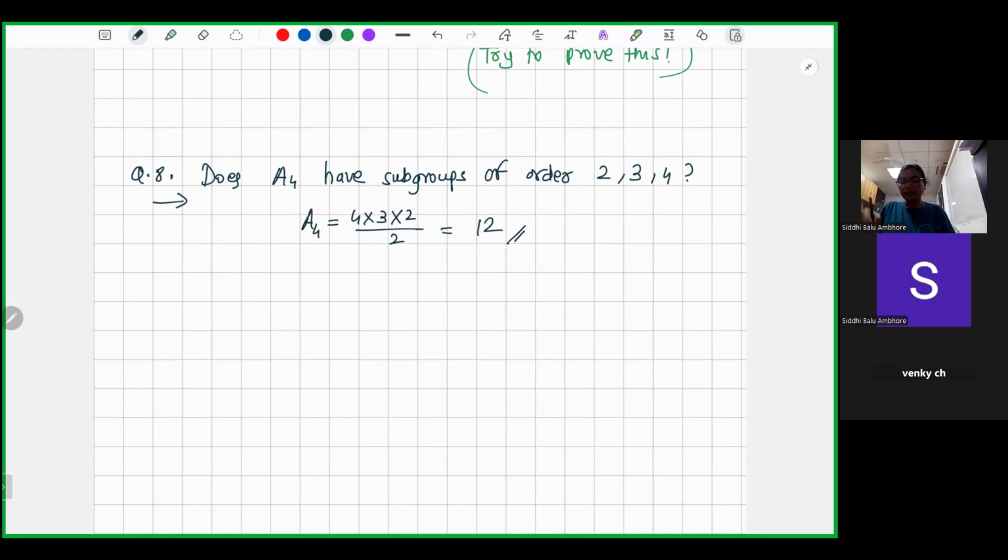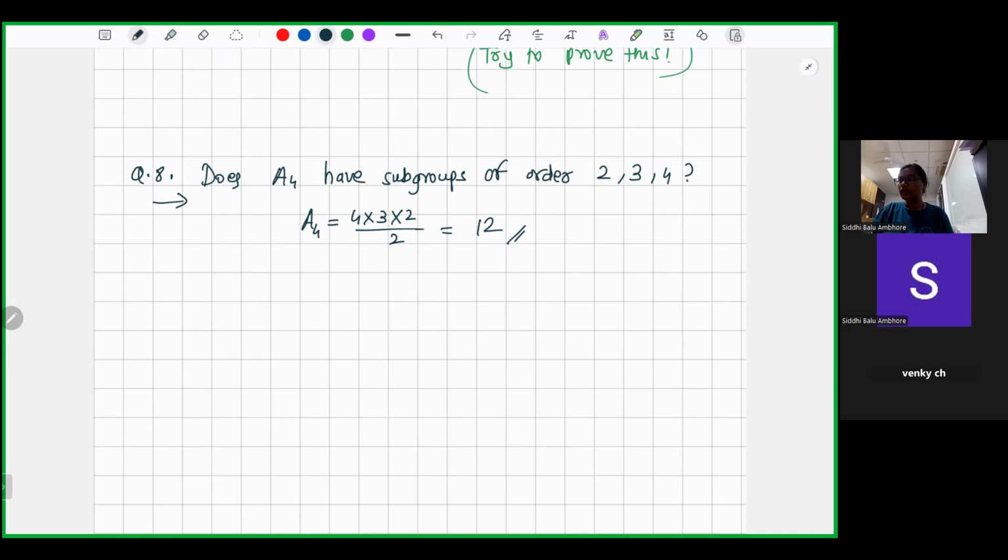But right now the question is that A4 will have a subgroup of order 2, A4 will have a subgroup of order 3. The main question is whether it has a subgroup of order 4 or not. A4 has all the even permutations. So we have to now generate a group which has size 4 in A4.